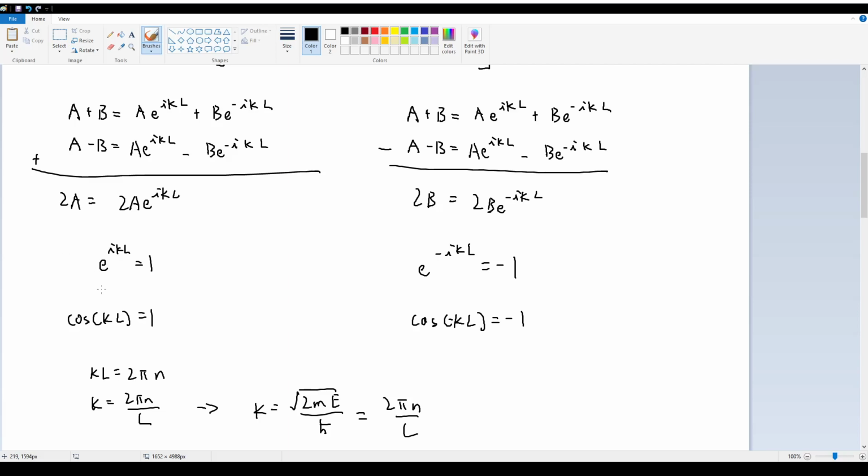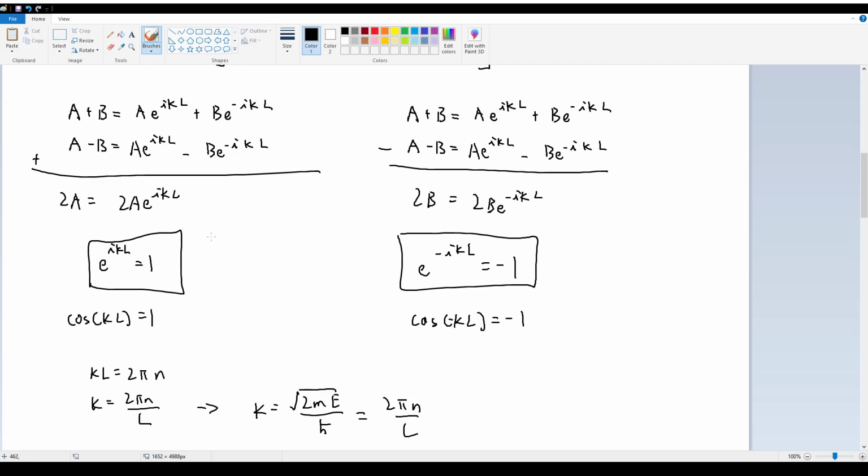Because remember, our two conditions are that e to the ikl equals 1 and e to the negative ikl equals 1. These two are effectively the same condition because cosine is an even function. So there's nothing stopping us from saying that A is equal to 0, or that B is equal to 0, and letting the other one be non-zero, because everything is still satisfied.